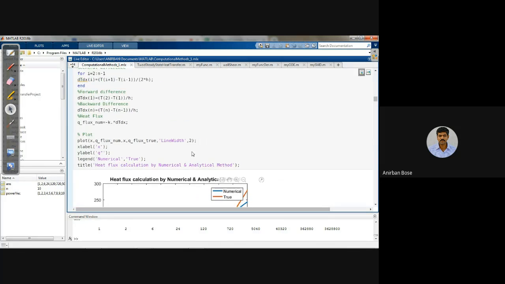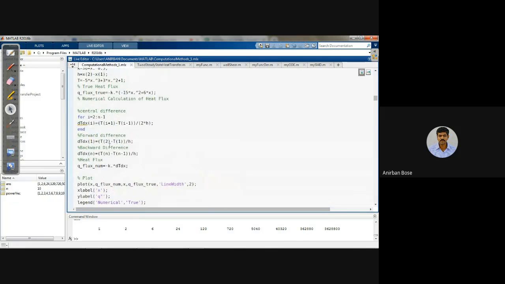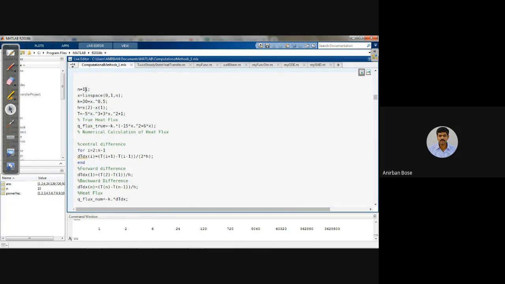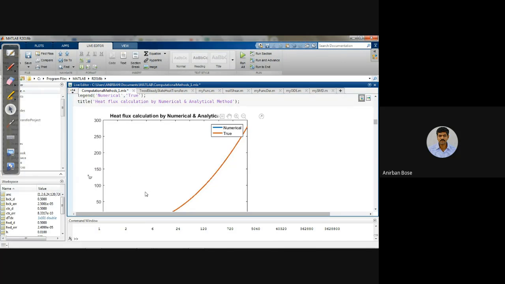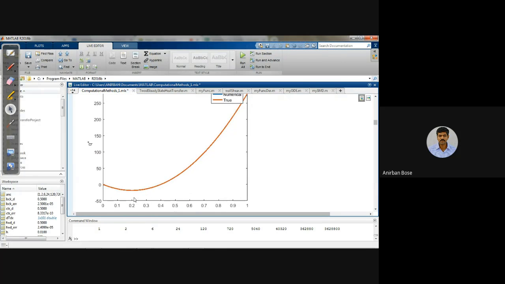So what you can do is increase the number of grid points. Instead of 11 grid points, you can work with 101 grid points, and if you run it, you see that it is almost matching the true curve.